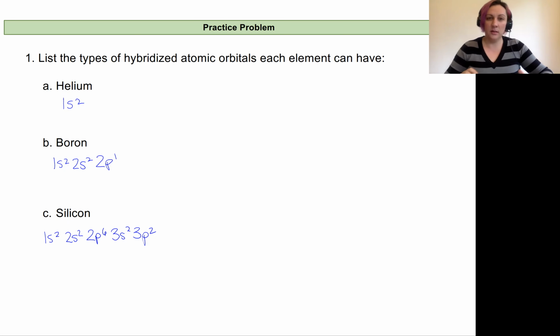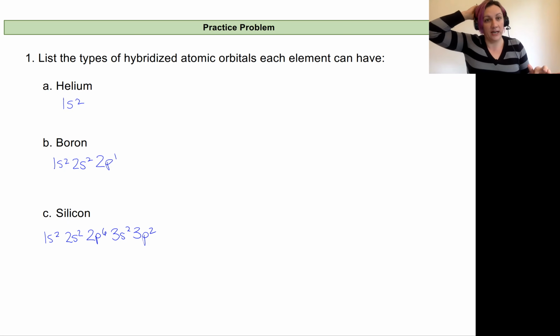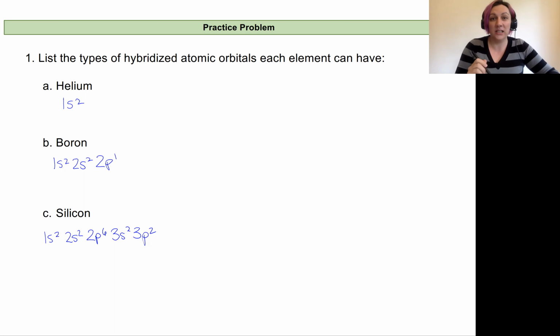So I've written under each of our three elements their electron configuration to shape this discussion. Starting with helium, it has a 1s2 electron configuration. So it has two electrons, and they're in the 1s orbital. But we are only occupying the n equals 1 energy level, which only has one s orbital in it.